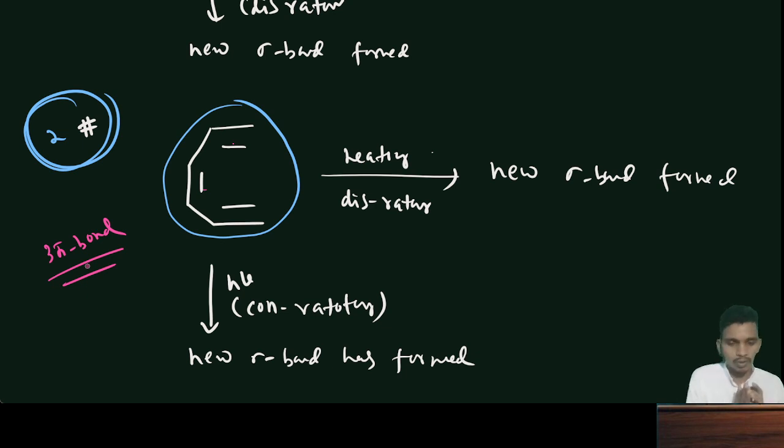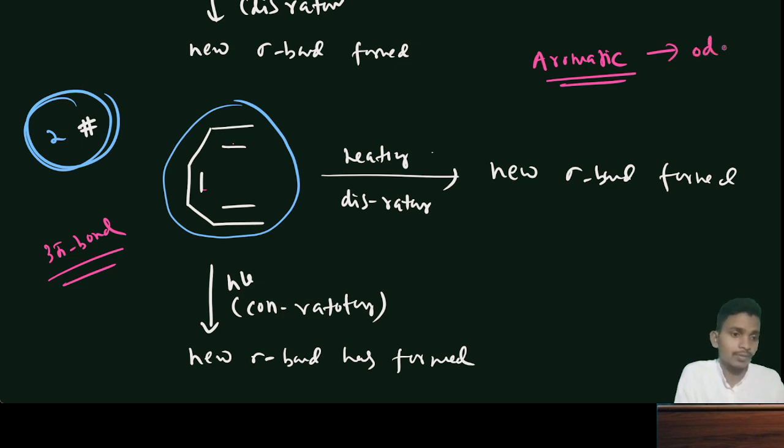If you observe carefully, what I have seen is aromatic character. For aromatic rings, an odd number of pi bonds gives aromatic character, and anti-aromatic is an even number of pi bonds.